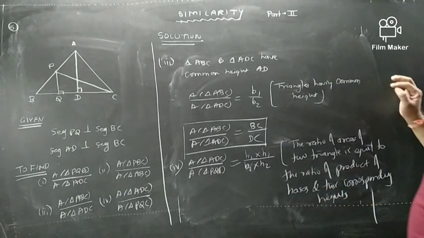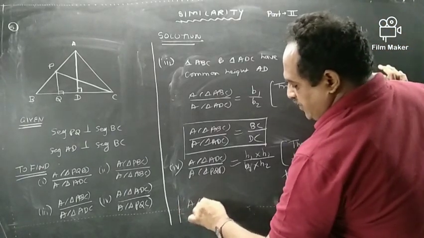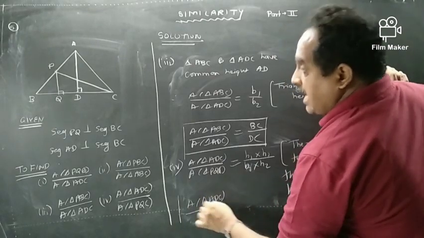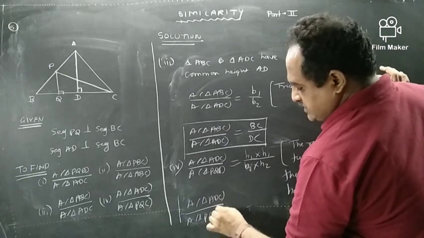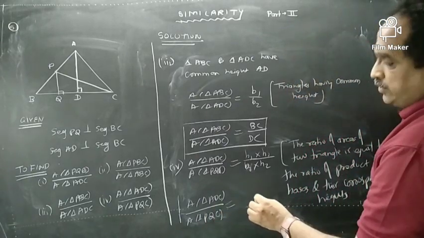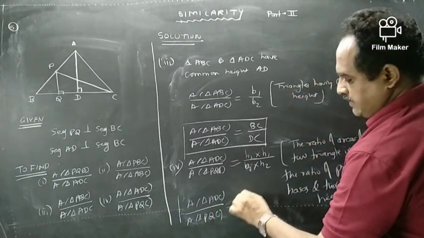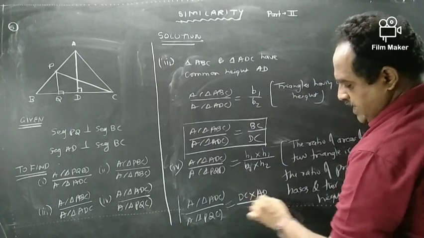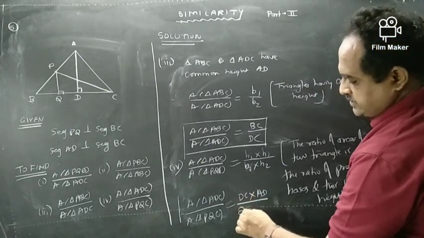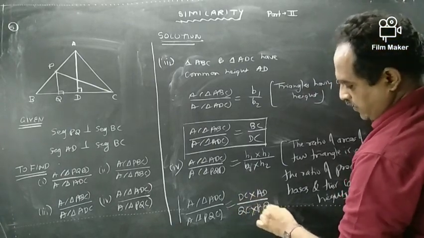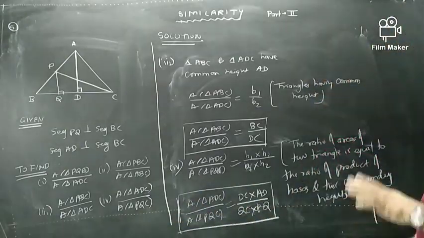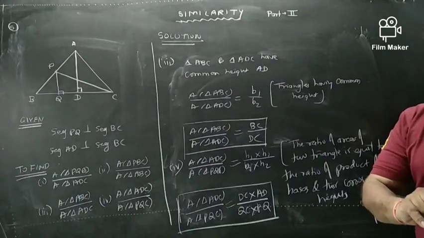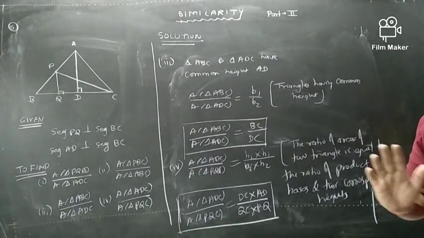So, your final answer will be: area of triangle ADC upon area of triangle PQC is equal to DC into AD upon QC into PQ. This will be your final answer. Copy it down properly. Okay?